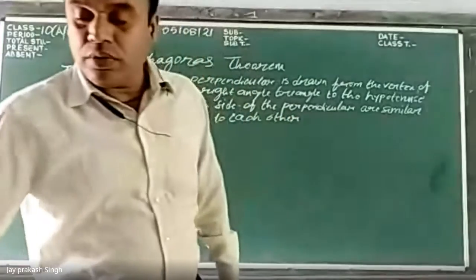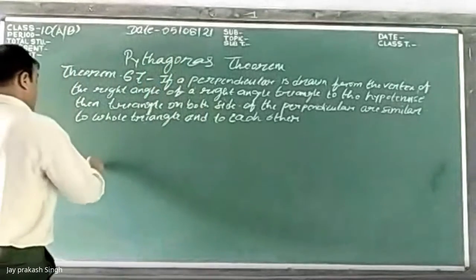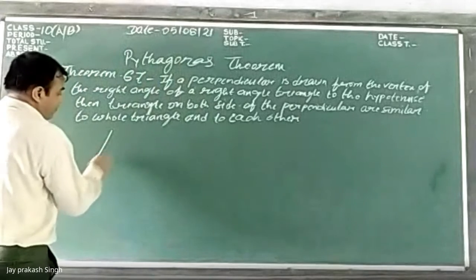That is, we have to prove: let a right angle triangle be this way.